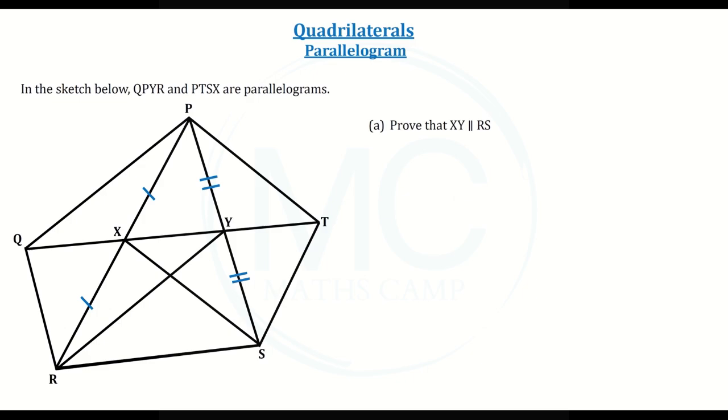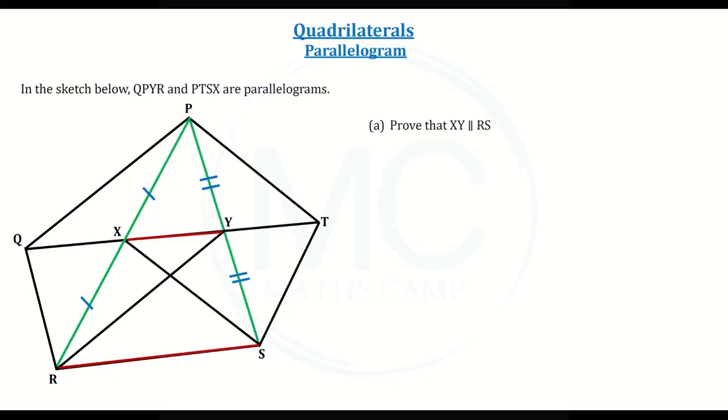For this question, we need to prove that XY is parallel to RS. So let's make these lines red again. We know that X sits on PR, so let's make PR green again. And we know that Y sits on PS, so let's make PS green as well.